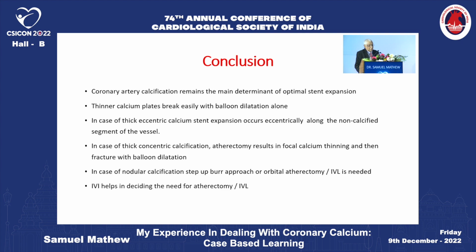In case of thick concentric calcification, atherectomy results in focal calcium thinning and then fracture with the balloon dilatation. In case of nodular calcification, a step-up burr may be necessary or an orbital atherectomy or IVL may be needed in some cases. Intravascular imaging helps in deciding the need for atherectomy or IVL.